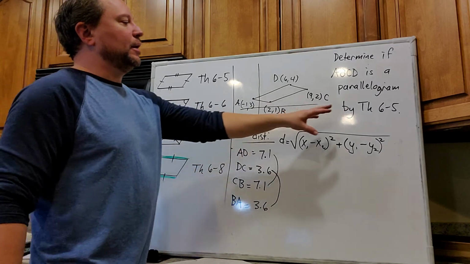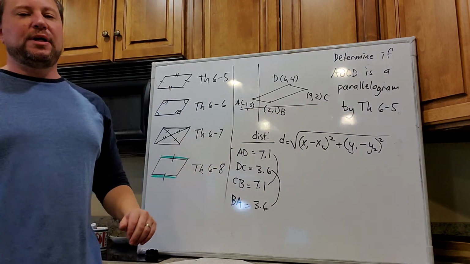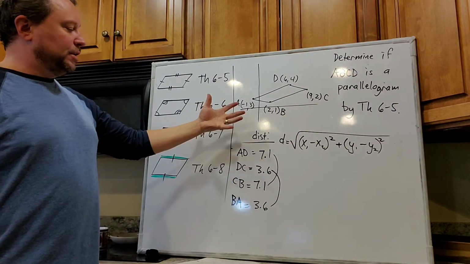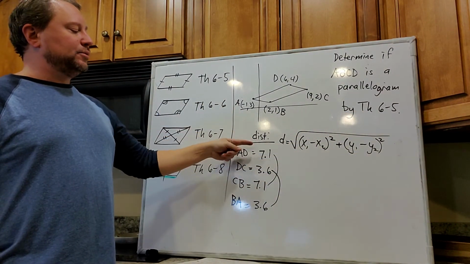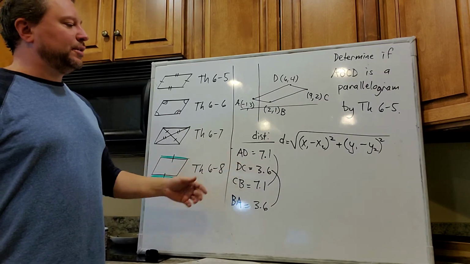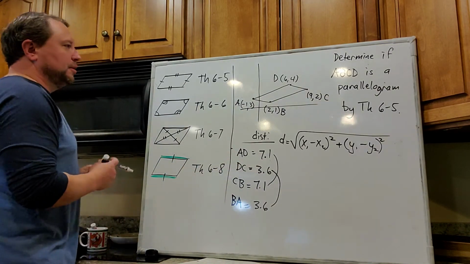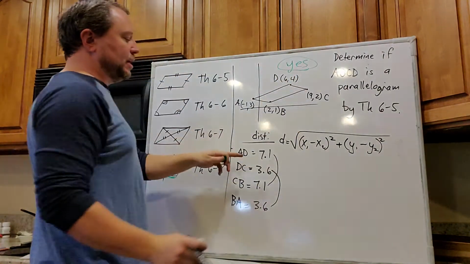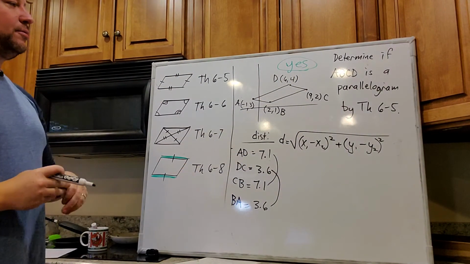So if I'm trying to prove it's a parallelogram, then by specifically using theorem 6.5, you need to find the distance of all four sides and show the opposite sides match. So of course my answer on this one is going to be yes. Yes it is, because we did have opposite sides that matched.